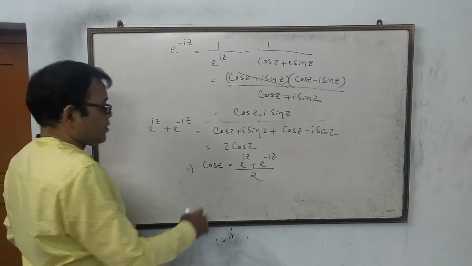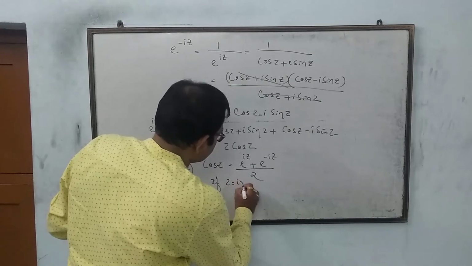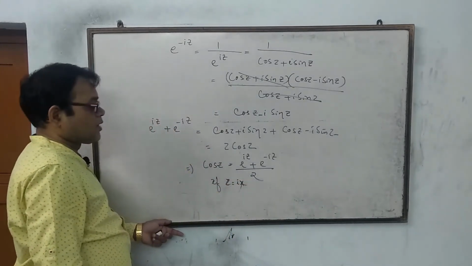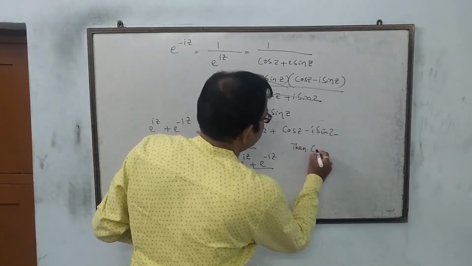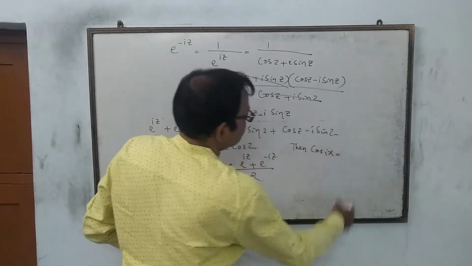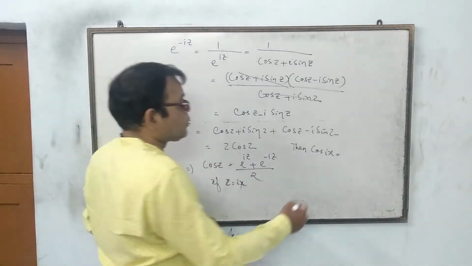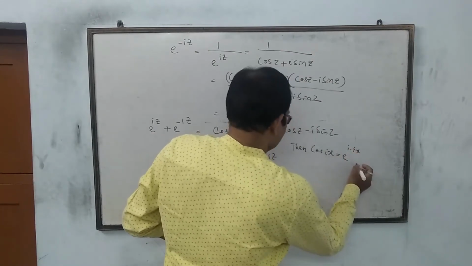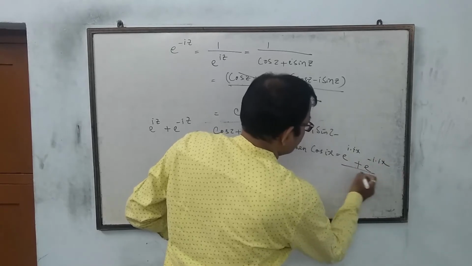If z equals ix, if I replace z with ix, then what would happen? Then cos ix is equal to e to the power of i into ix plus e to the power of minus i into ix upon 2.